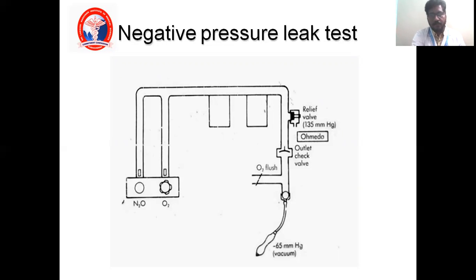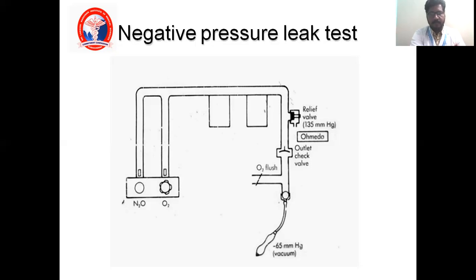So we have to attach the manometer bulb with the tubing to the common gas outlet. We have to inflate it fully and attach it to the common gas outlet, turn off the vaporizers, and turn on the oxygen at 3 liters per minute.